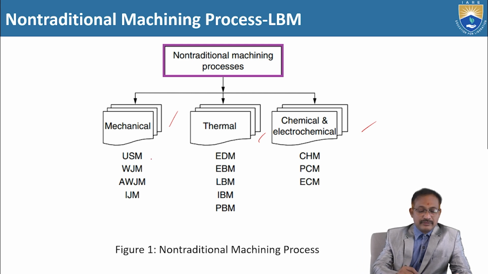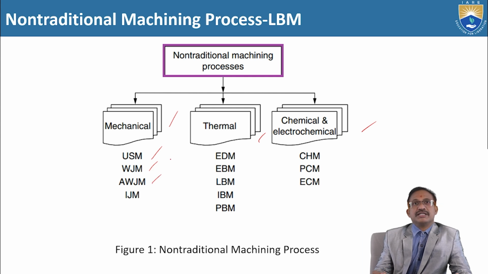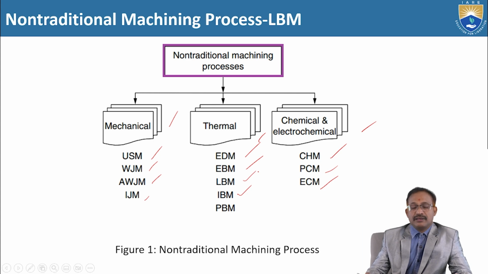Under mechanical: ultrasonic machining, water jet machining, abrasive water jet machining, ice jet machining. Under chemical and electrochemical: chemical machining, plasma chemical machining, electrochemical machining. Under thermal: electro discharge machining, electron beam machining, laser beam machining, ion beam machining, plasma beam machining.